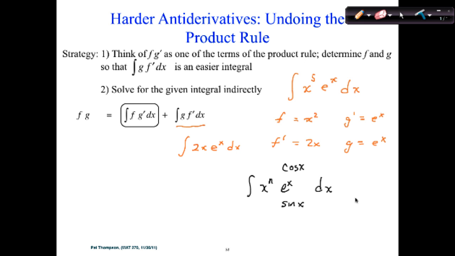We're always going to choose f to be x to the n, and then choose the other to be g prime. And how many times will we have to do it? N times, we'll have to have undoing the product rule involved within itself to get it right. Okay, any questions on that?